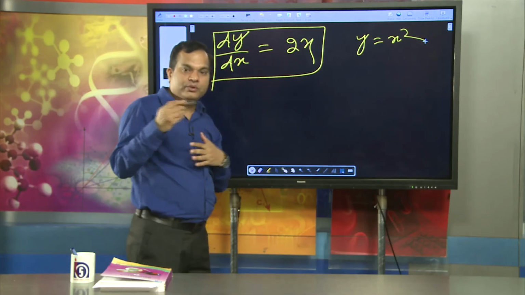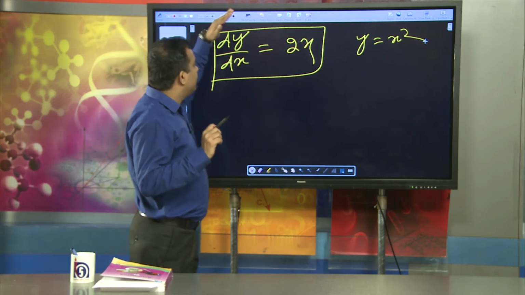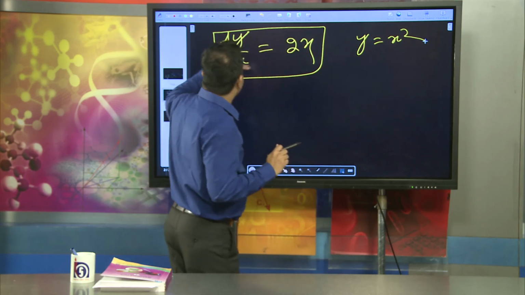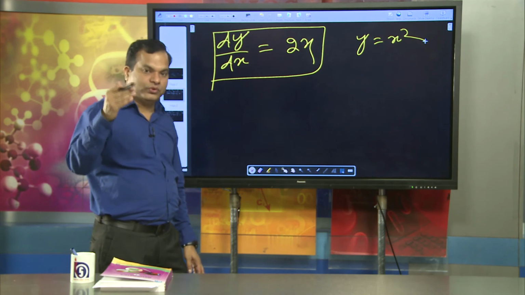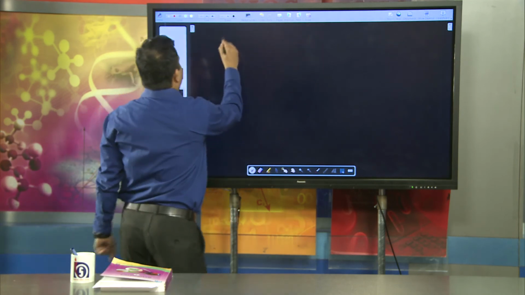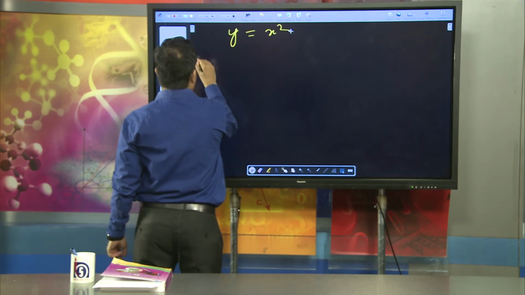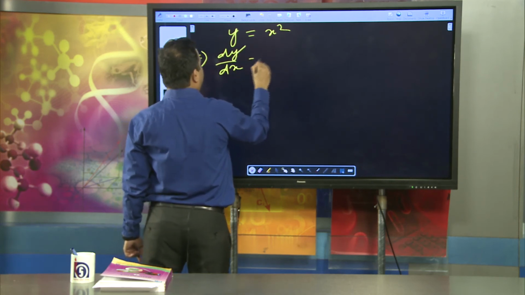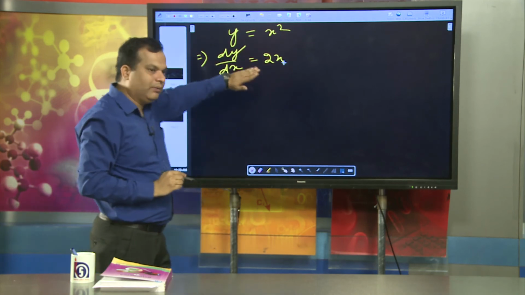And what have we used? We have used the first principle. That means, if the function is y equal to x square, we got dy by dx equal to 2x. That quantity we have just found by using the first principle.